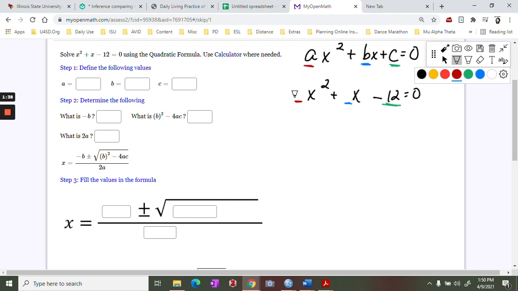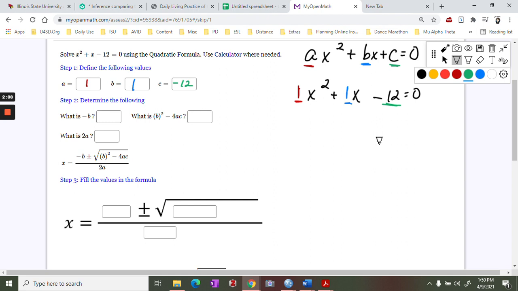If there is no number in this position, remember we assume that it is 1. So for each of our a and b values, we have 1. And then our c value is that negative 12. So a is 1, b is 1, and c is negative 12. Note that I bring the sign with.